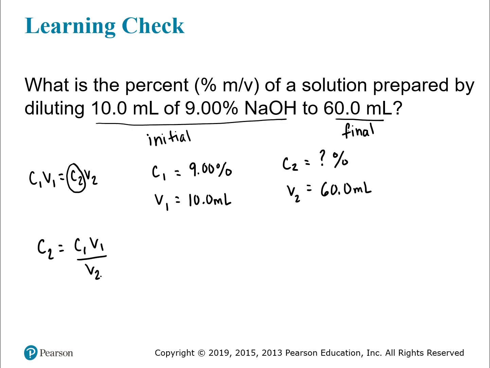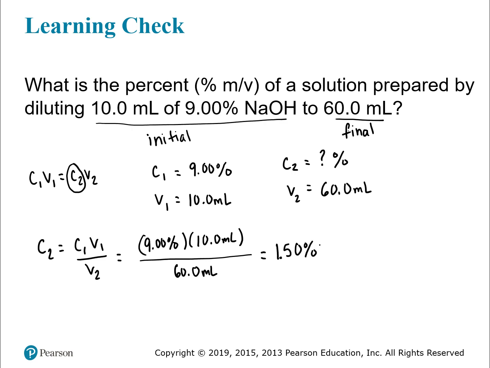But make sure that you're solving for the right variable and that you're filling in the correct number for the variable. So our initial concentration is 9%, and our initial volume is 10 milliliters. The final volume is 60 milliliters, and that goes in the bottom. When you do that math, and you take into account sig figs, which you've got 3, you should get 1.50% for that solution.